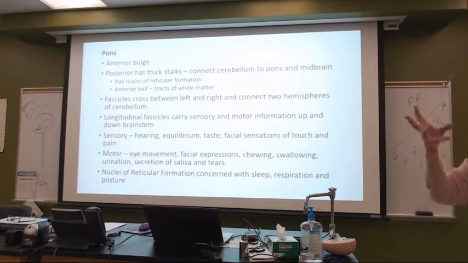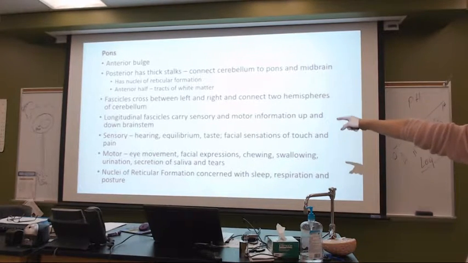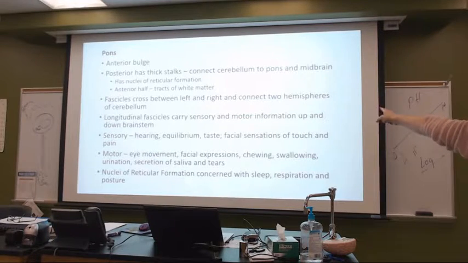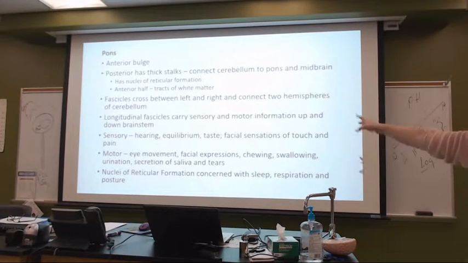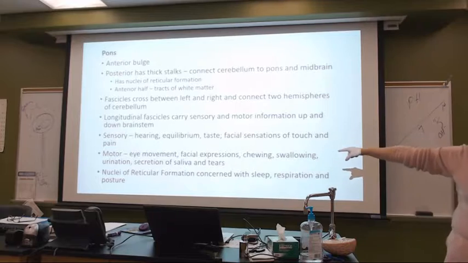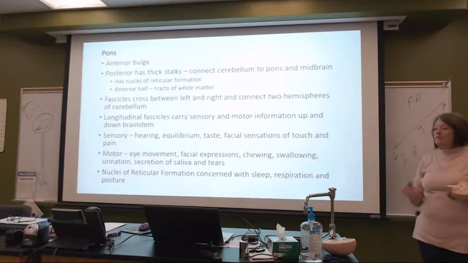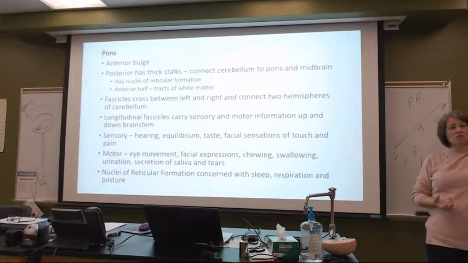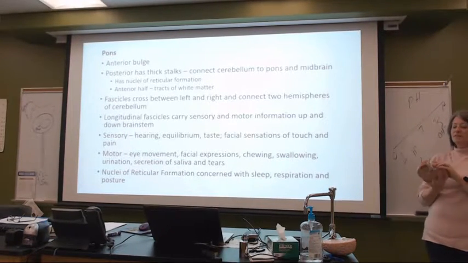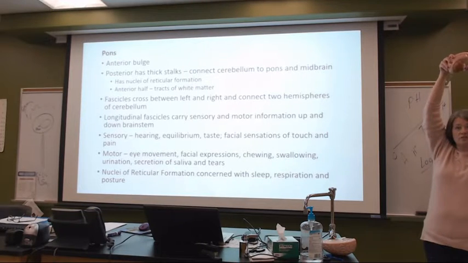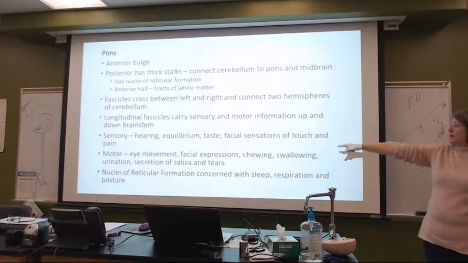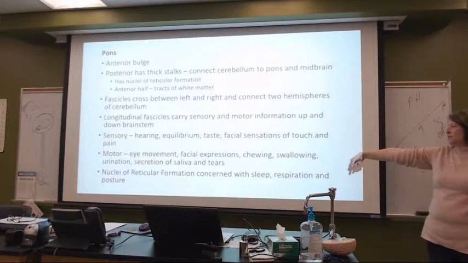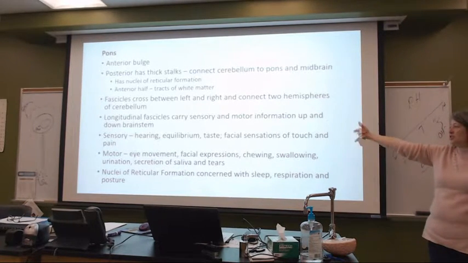Longitudinal axons, fascicles, they're going to carry sensory and motor information up and down. This can deal with hearing, equilibrium, taste, facial sensations, because as we move into the cranial nerves, we're going to see connections for cranial nerves. Okay? We're going to see eye movement, facial expressions, chewing, swallowing, urination, secretion of saliva, tears.